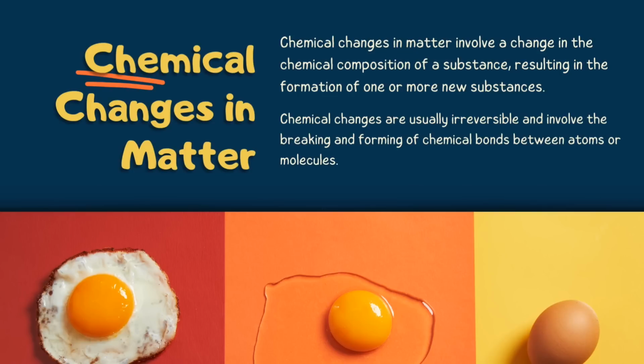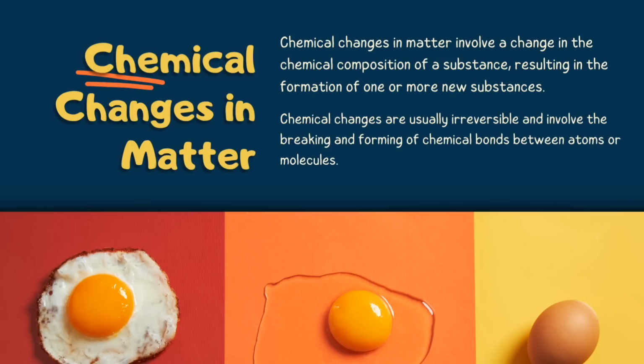So, in physical change, only the appearance, size, and shape changed. But when we talk about chemical change, the chemical composition of the substance changed, resulting in forming a new or another substance.